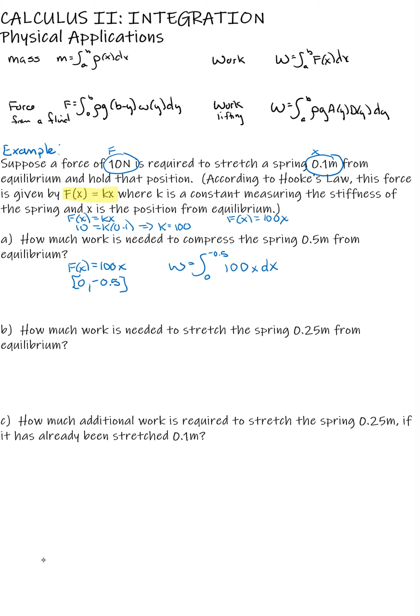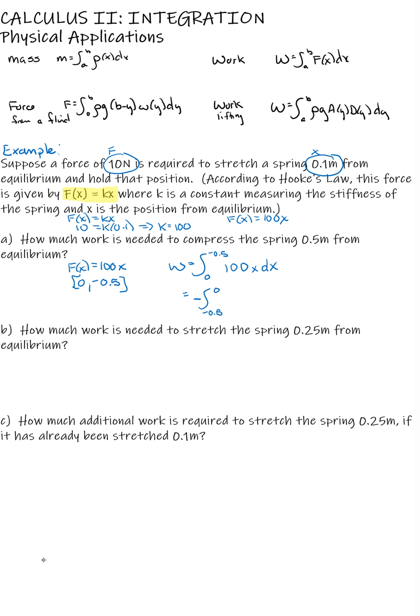Now, traditionally, the integral is not defined when we go from the larger limit of integration to the smaller limit of integration. So what we'll do is, if we want to turn those around and go from the smaller to the larger, that's fine as long as we negate the entire integral.